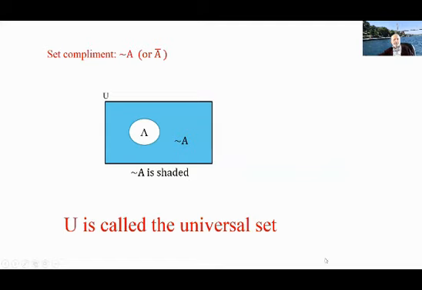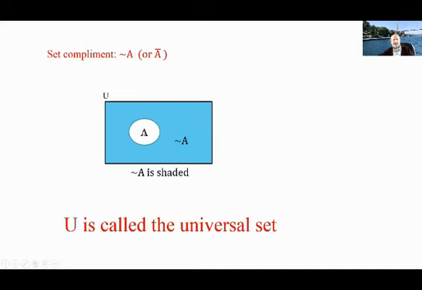The complement of a set A. Now, I need to say that normally we work with sets that are part of a big set called a universal set. So this big rectangle here is a universal set, and that's A. The complement of A, sometimes called A bar, is this shaded area.